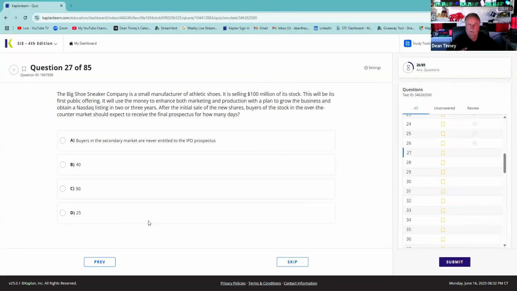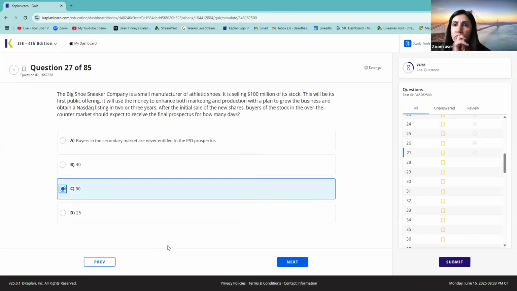I think it's more of a 24 type of question, but it is 90 days. And the A is not true. Buyers in the secondary market can be entitled to prospectuses depending on what kind of security it is. For a follow-on offering, it'd be 40 days. For a NASDAQ or New York IPO, it would be 25. I don't think you're going to see that on your test.